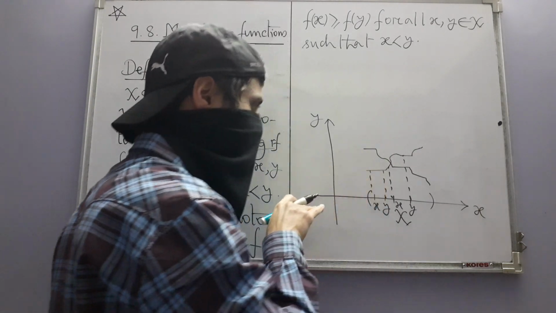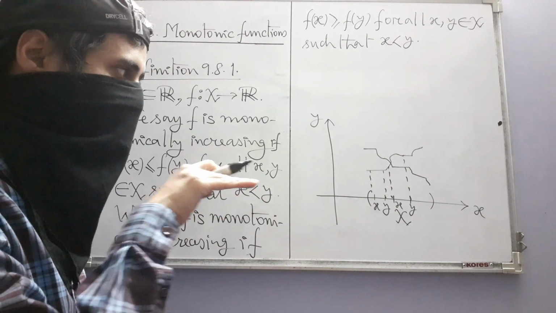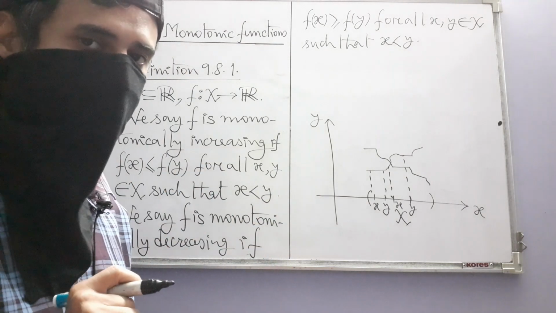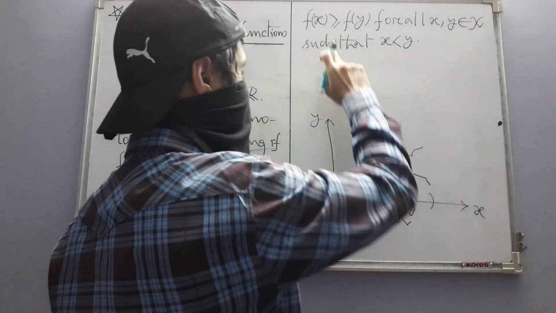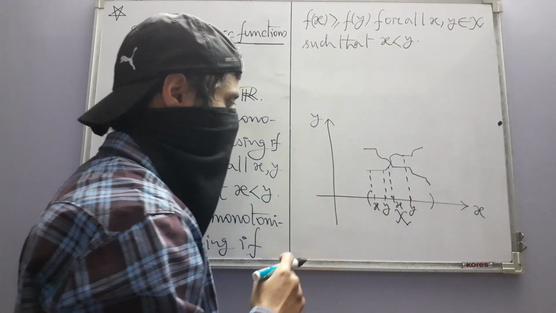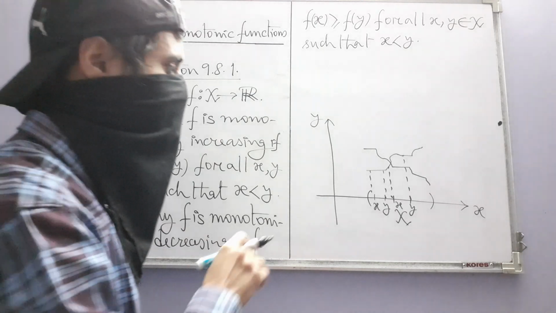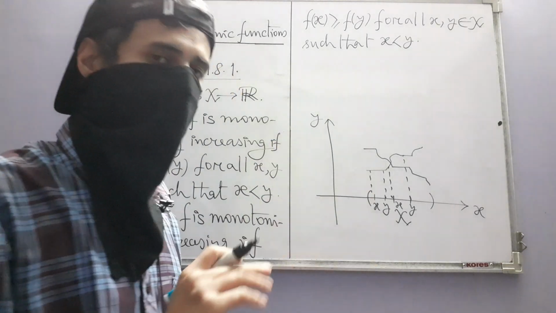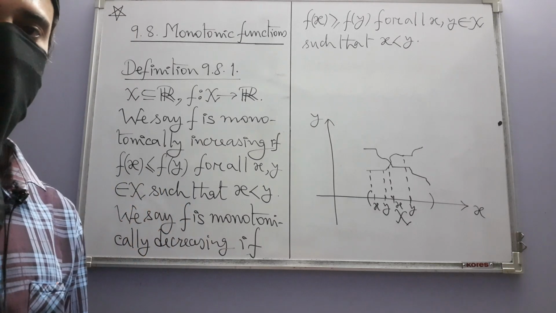So at some places, in some regions, the graph may actually be a straight line horizontal, parallel to the x-axis. There, this inequality becomes equality. But for some pairs of input points, actually we have a strict inequality. So that's the monotonically decreasing function.